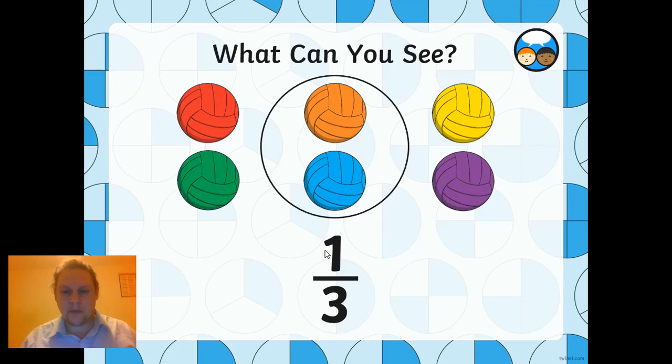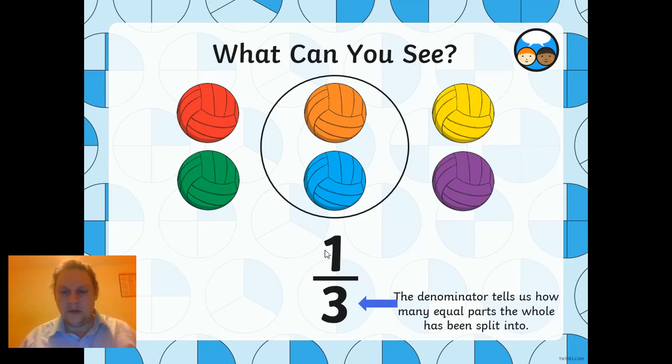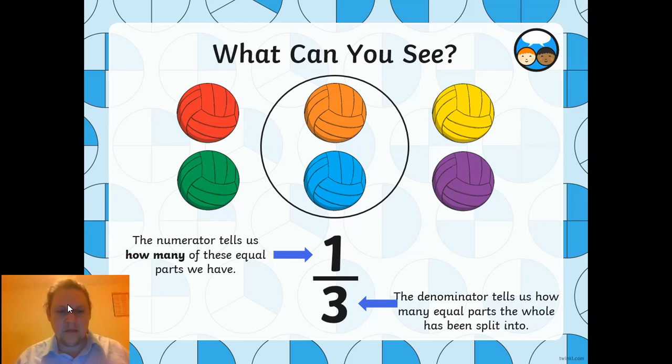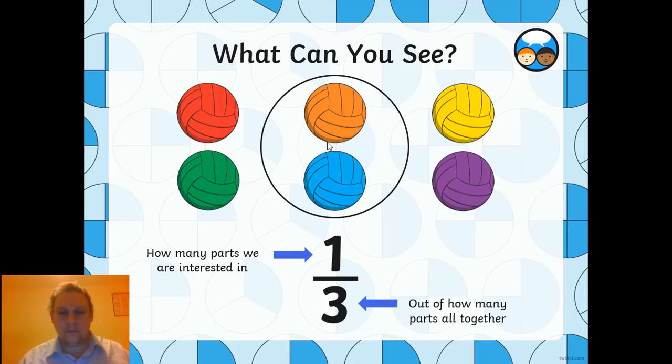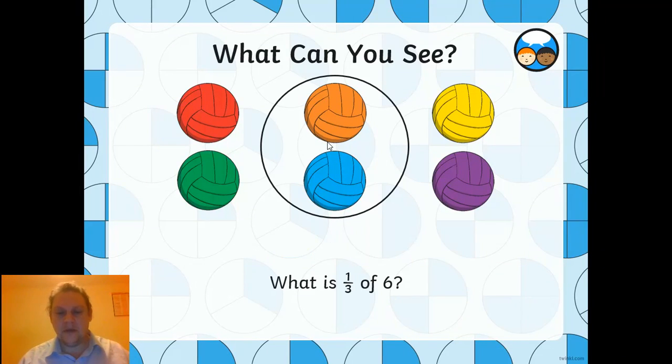Okay? So the denominator tells us how many equal parts make up the whole. The numerator tells us how many of those equal parts we have or we're interested in. Okay? 1 out of the 3 parts. How many parts we're interested in out of how many parts altogether.